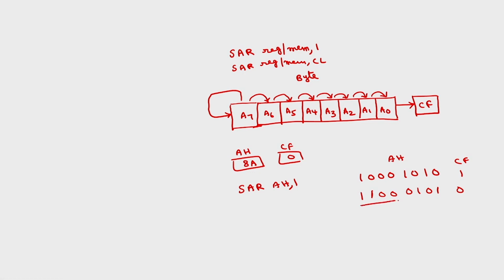Okay. So this becomes C5 and carry flag is reset. AH will be C5 and carry flag will be reset, because the last bit is 0. Initially this carry flag is set, if I take this as set, then now it will be reset.